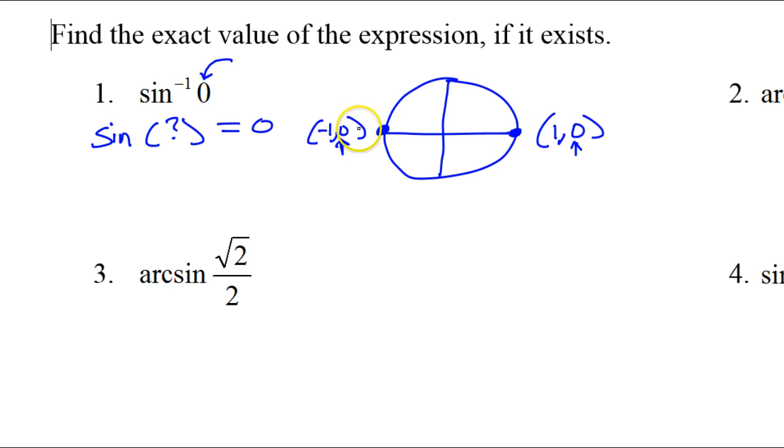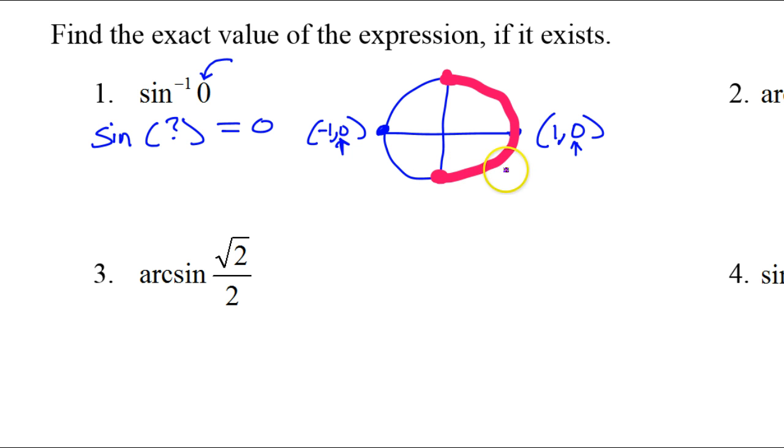Only one of these is in the domain of the function. So inverse sine is only defined on the following interval: negative pi over 2 to positive pi over 2. It doesn't operate anywhere else.